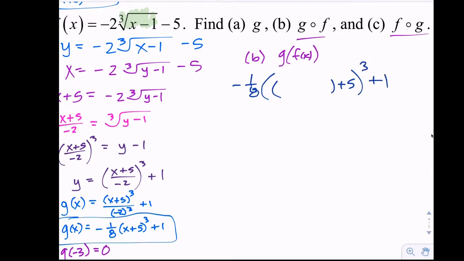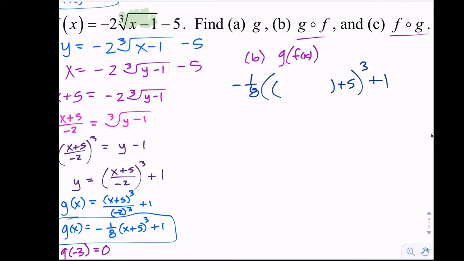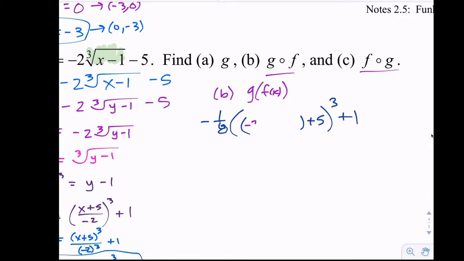Everyone see what I did? On my g of x function, I replaced x with what first? Parentheses. This is to help me substitute one in for the other. Now, in the parentheses, where x used to be, I'm going to put f of x, which is this wonderful thing right here. Negative 2 cube root of x minus 1 minus 5.